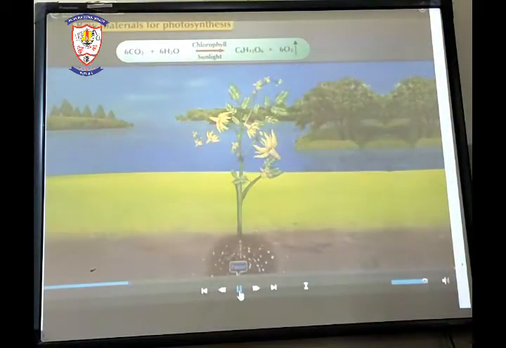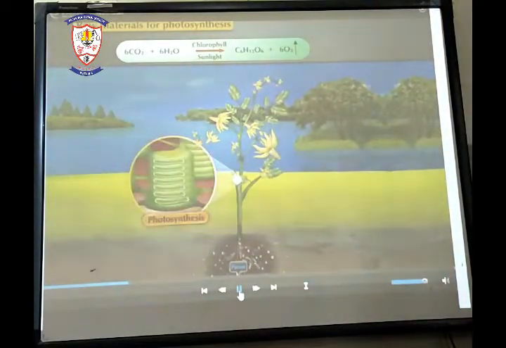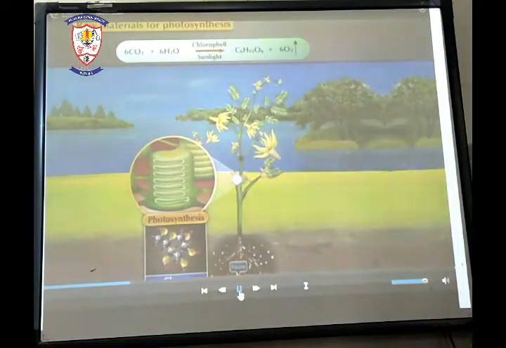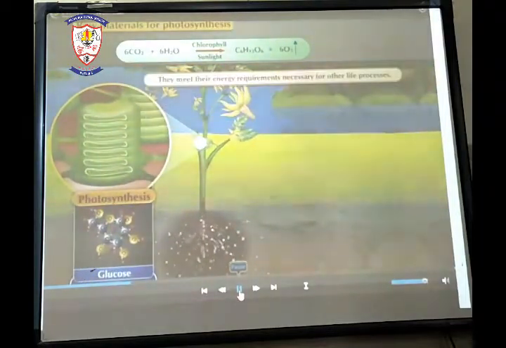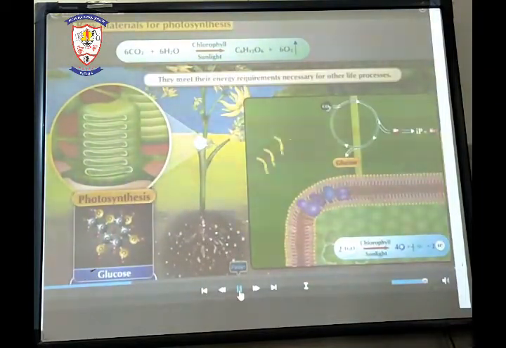Now we can see the raw materials for photosynthesis. You know, the raw materials necessary for the process of photosynthesis are carbon dioxide and water, as we have explained previously. In the presence of chlorophyll and sunlight, they synthesize the food material in the form of carbohydrate, C6H12O6, and oxygen.